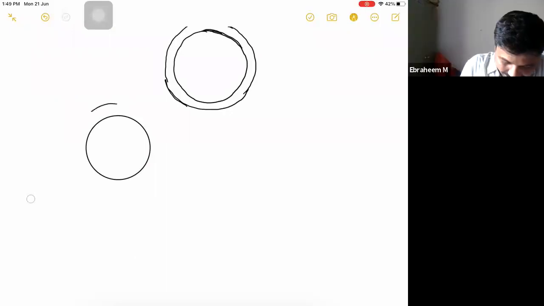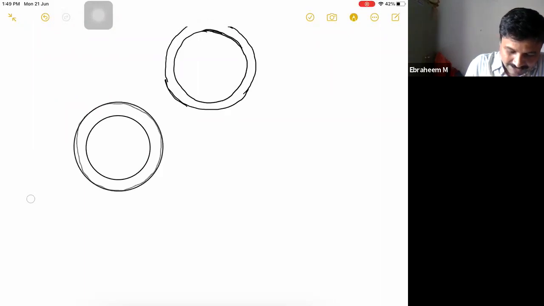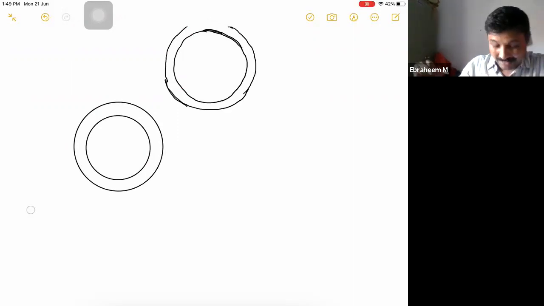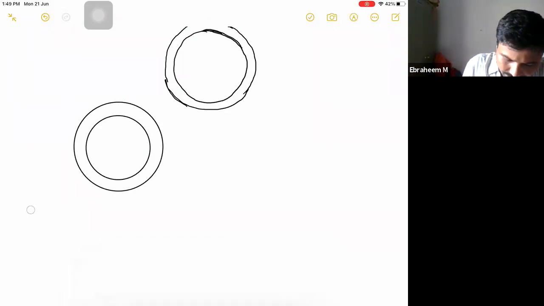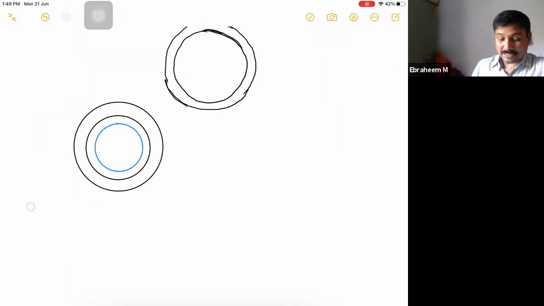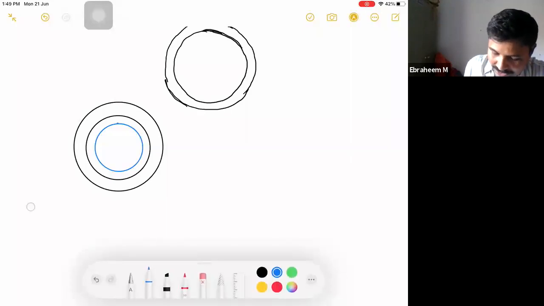So I will draw another circle. Very nice. So this is a stator, and inside of this we will have another one, the blue one, right? This is the thickness of the outer frame. I will shade the outer frame.